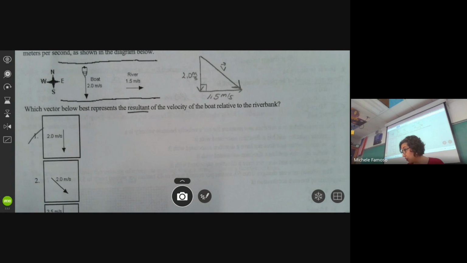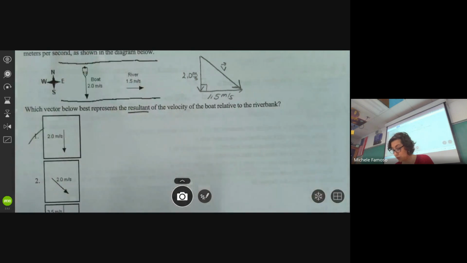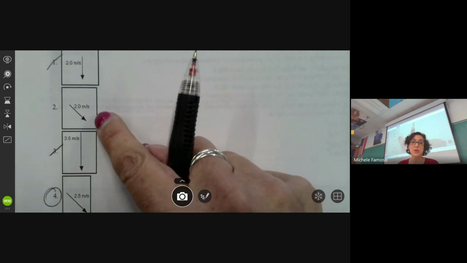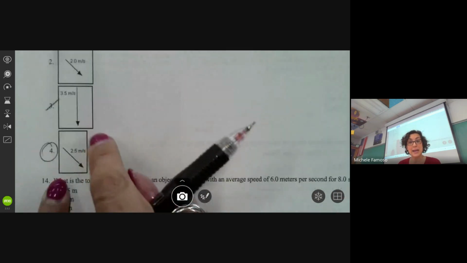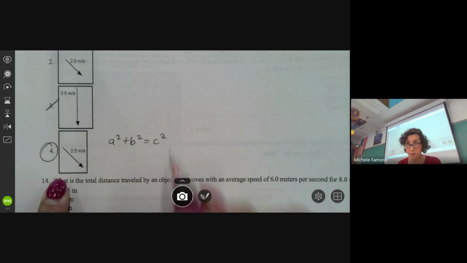It is never the same length as either leg. So which one does it have to be? It's got to be 4. This one makes no sense. You can't have the hypotenuse the same length as one of the legs. But you should be able to get this answer using a squared plus b squared equals c squared.